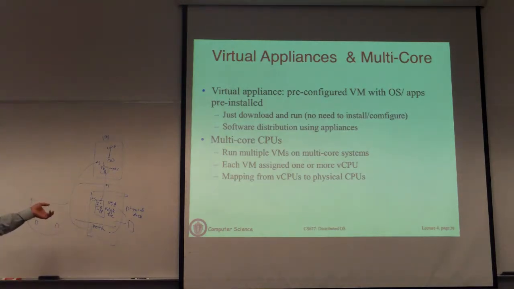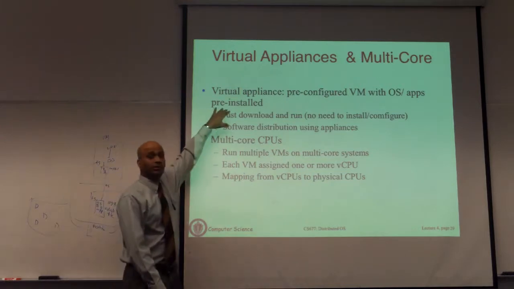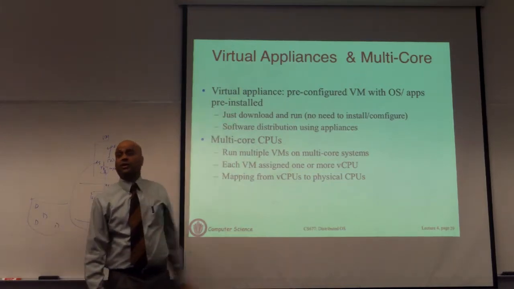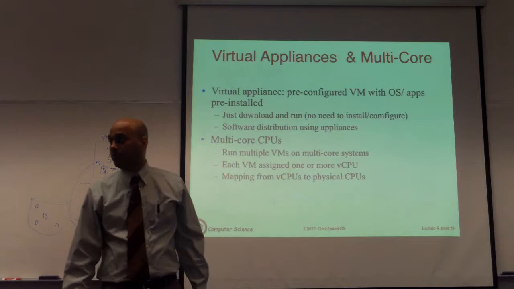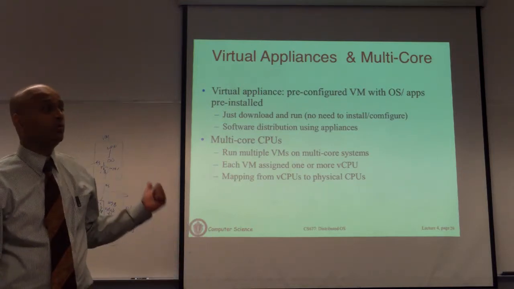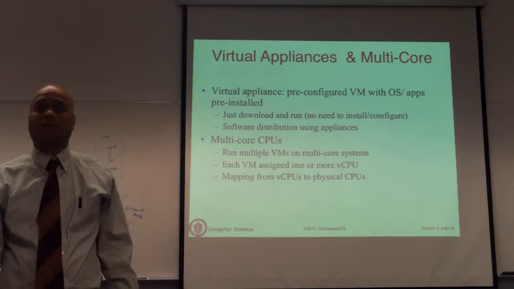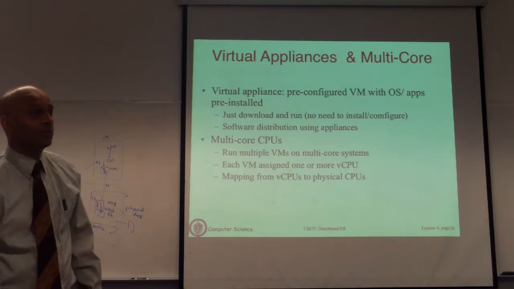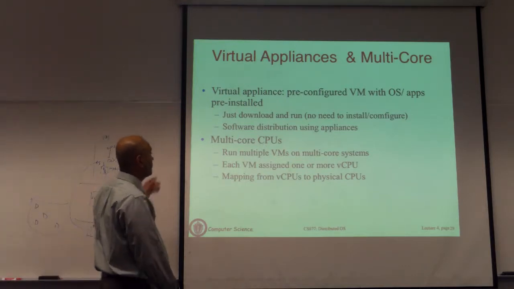Such virtual disks are called appliances, because you can just run the virtual appliances. They are pre-configured, with OS and applications pre-installed. Okay, they simplify the task of configuring large complex applications. That's one way virtual machines are used, one way by which software is distributed.